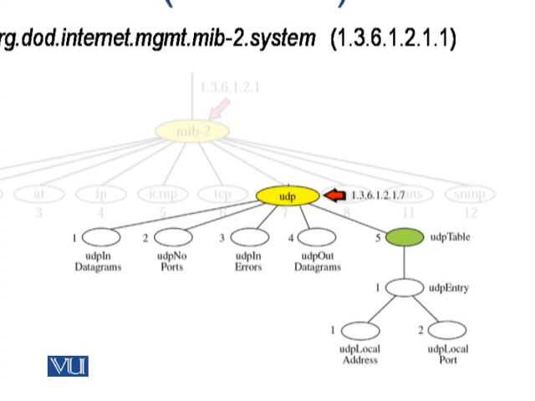Careful observation would lead us to what the objects mean and how they are defined. And we would require some concepts about SMI and how MIBs are defined, which would come soon enough in this session.